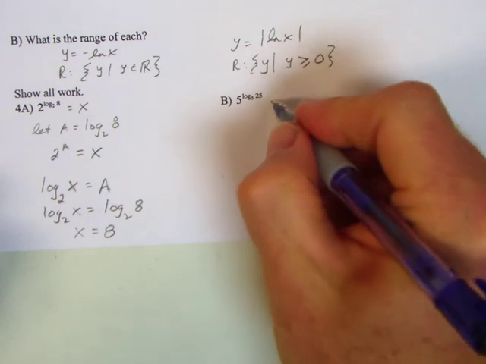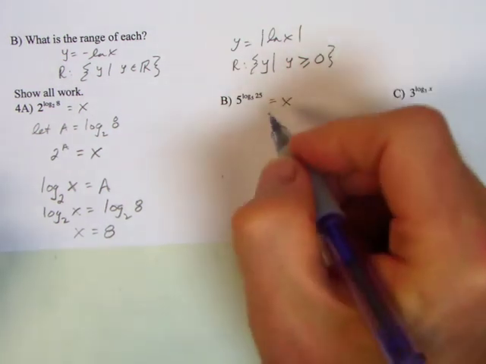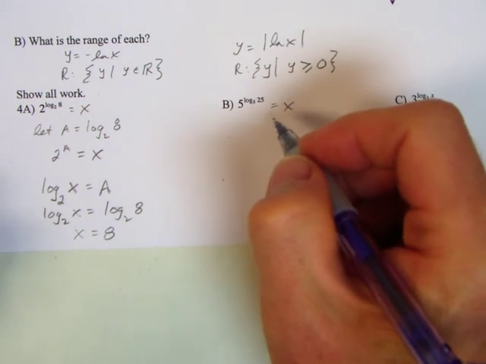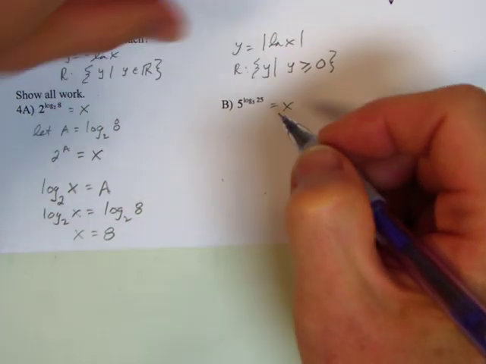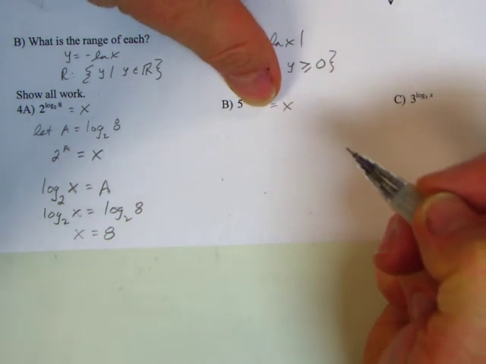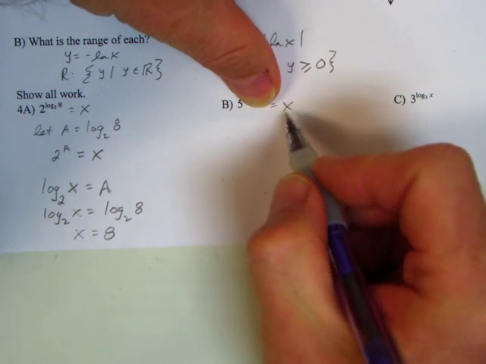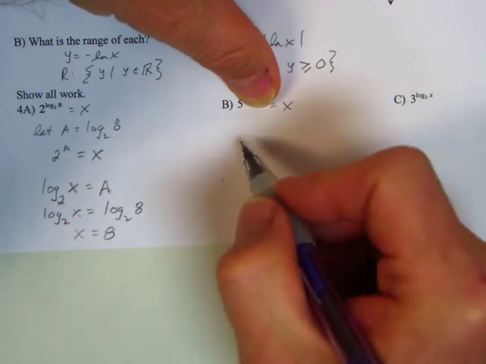Now I'm going to do this one slightly different this time. Instead of doing this substitution, and you can do that, what I want to do is just think of it, what happens when I cover up the exponent? So I'm going to say 5 to a power equals x. And I'm going to take this exponential form and transform it into the log.